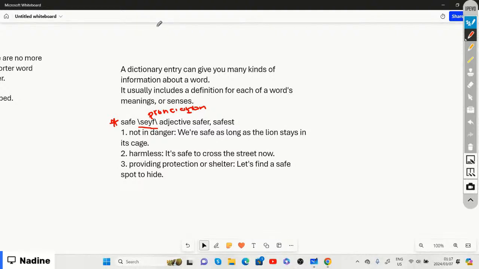The second one for the word safe means it is harmless, meaning that they will not do any harm, right? It is safe to cross the street now.